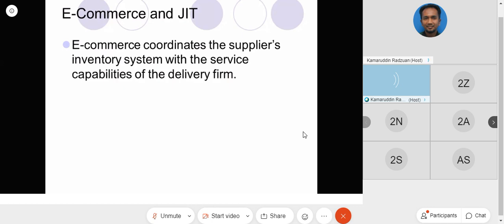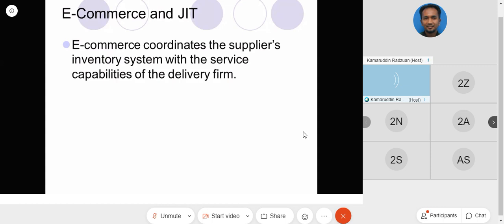E-commerce and just-in-time, where e-commerce coordinates the supplier inventory system with the service capability of the delivery. So e-commerce is also very helpful in the implementation of just-in-time, especially with the managing of the inventory.